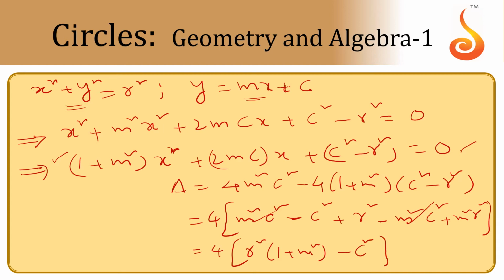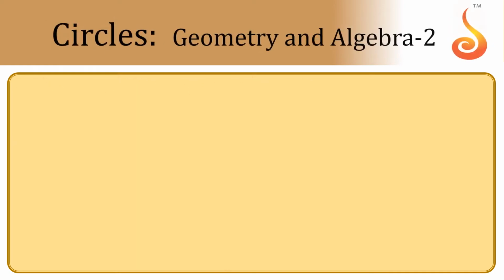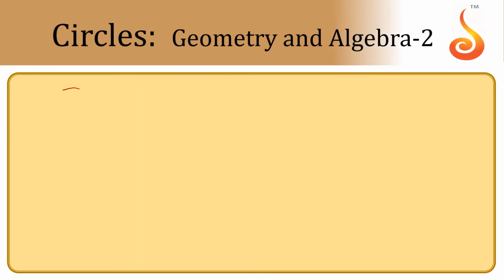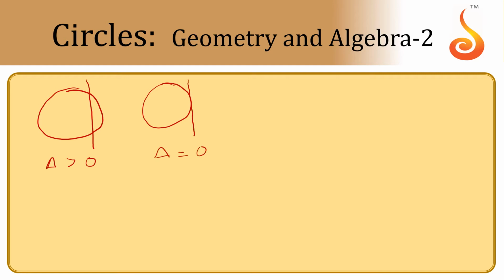So why did I calculate the discriminant? Suppose the circle and line are like this, you should know that the discriminant should be greater than 0. If the circle and line are like this, meaning tangency, the discriminant will be 0. If they do not meet, the discriminant must be less than 0.